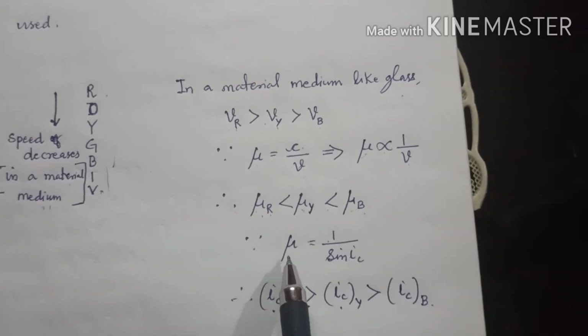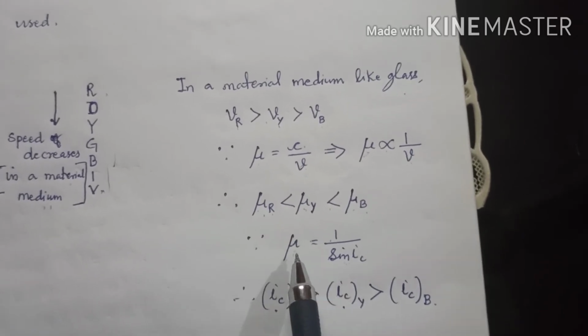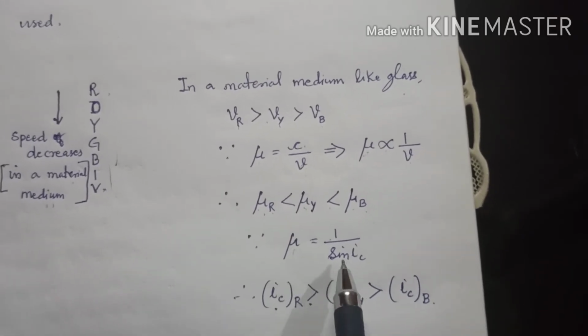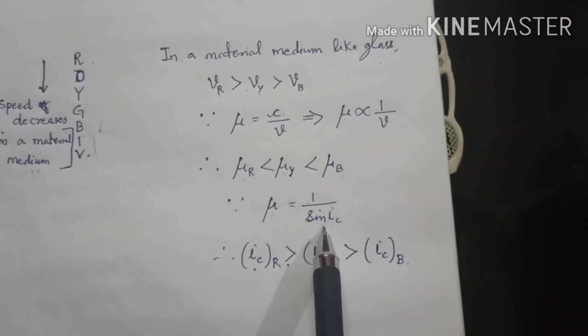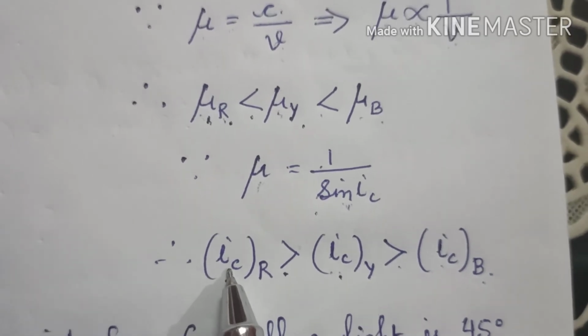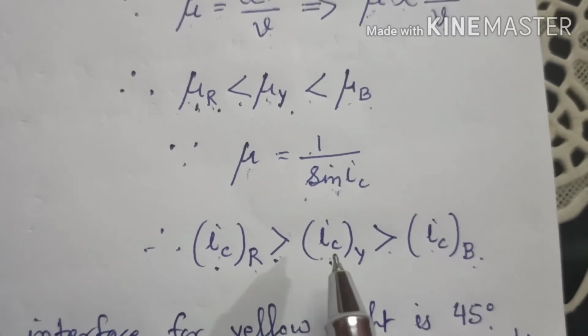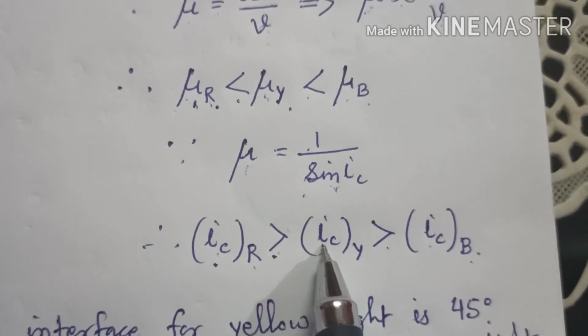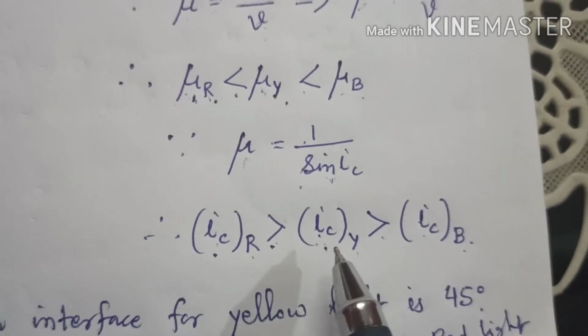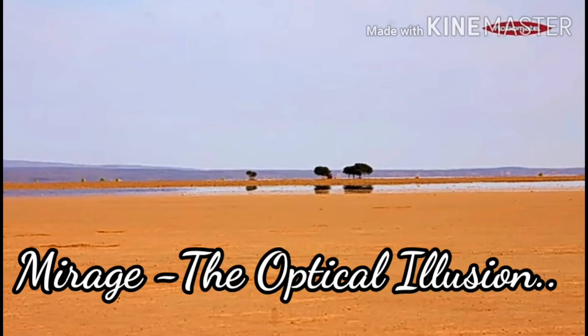Again, we know the refractive index and critical angle are related by this relation, and I told you they are more or less inversely related. So according to this relation, the critical angle for the given pair of media for red light will be greater than the critical angle for yellow light, and the critical angle for yellow light will be more than the critical angle for blue light.